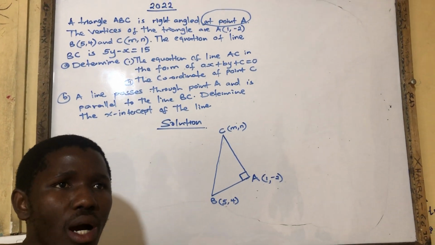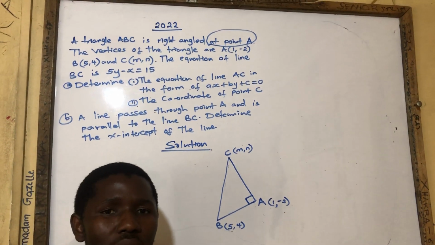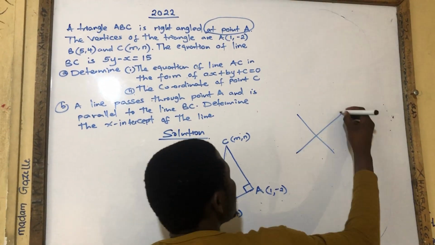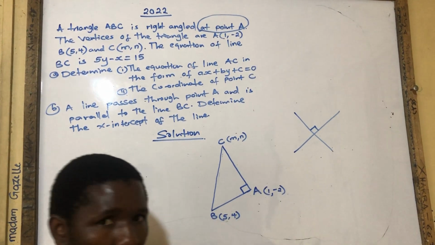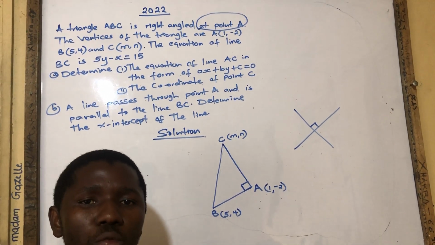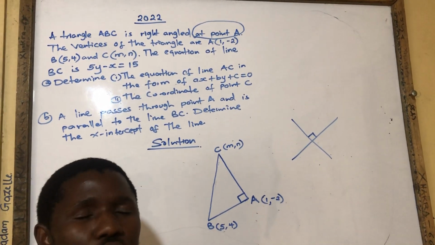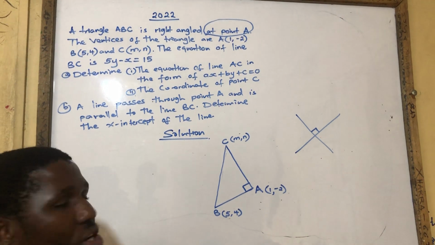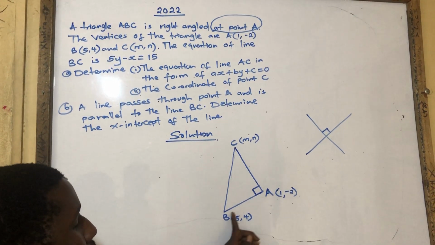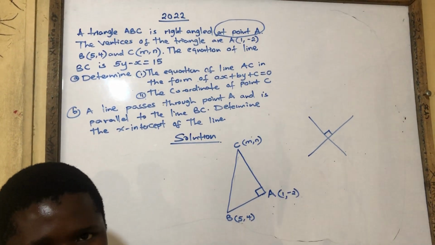If you have been following our videos, I defined perpendicular lines at some point as lines meeting at a right angle, or if you like, lines meeting at an angle of 90 degrees. On that note, I won't have done anything wrong if we say that line AB and line AC are perpendicular to each other.